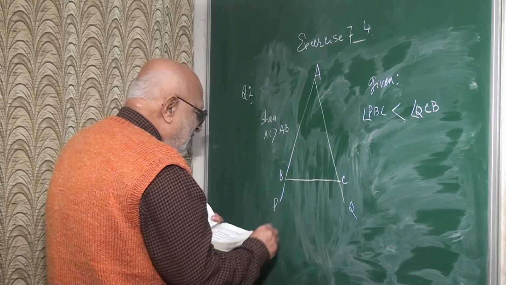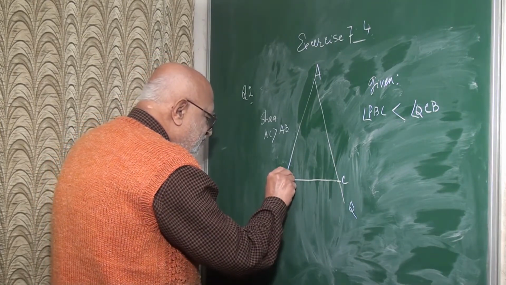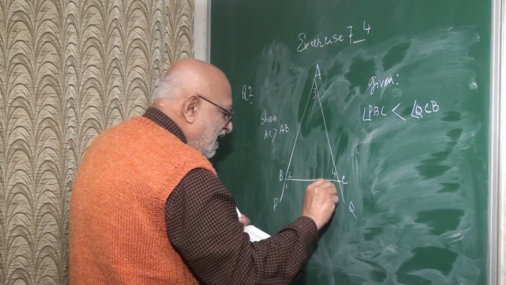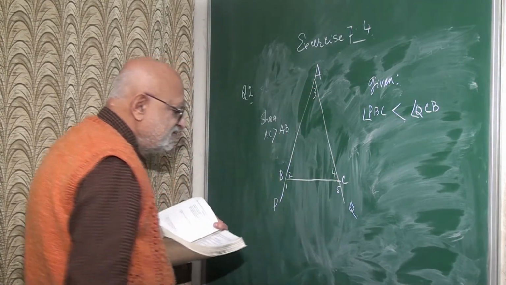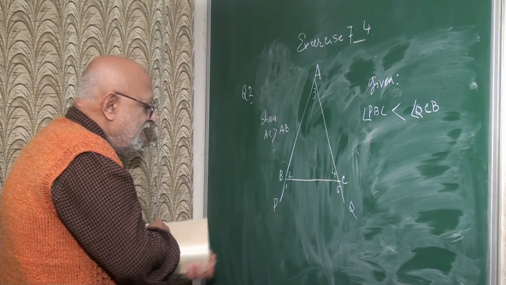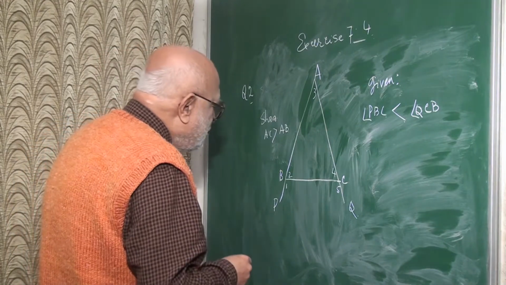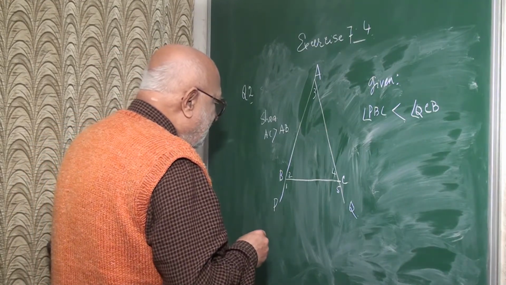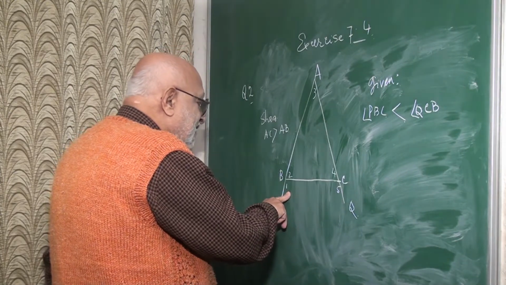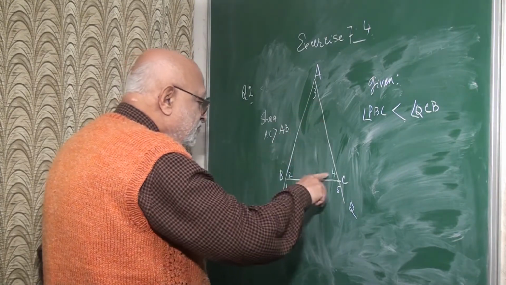I will label the angles 1, 2, 3, 4 and 5. Angle 1 is an external angle, so it should be equal to the sum of these two.